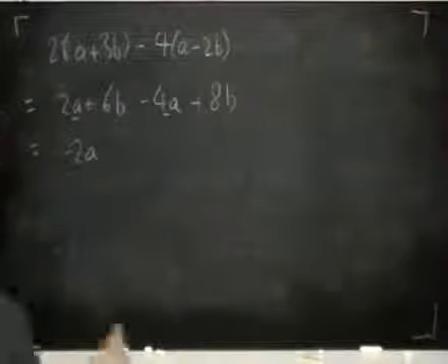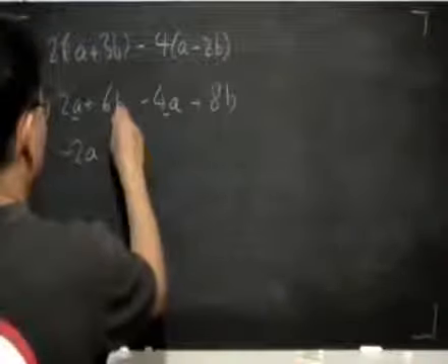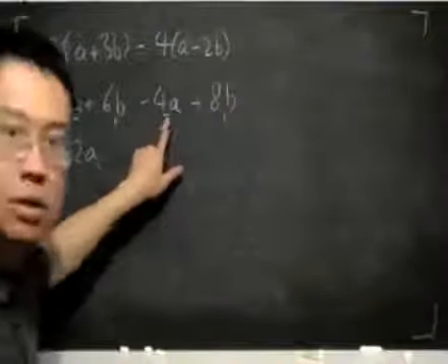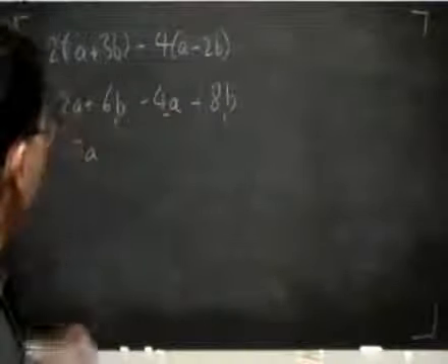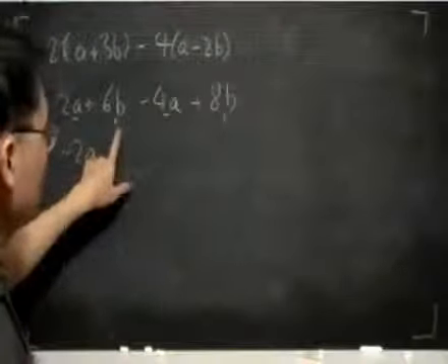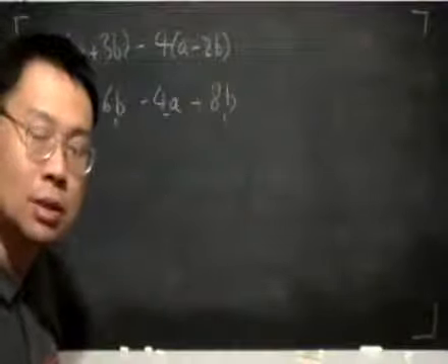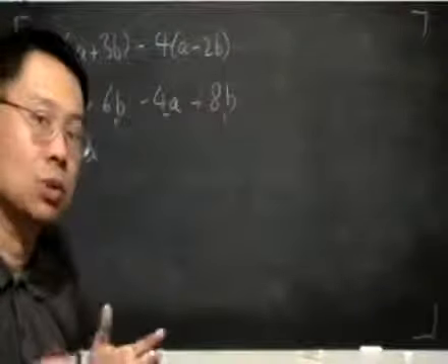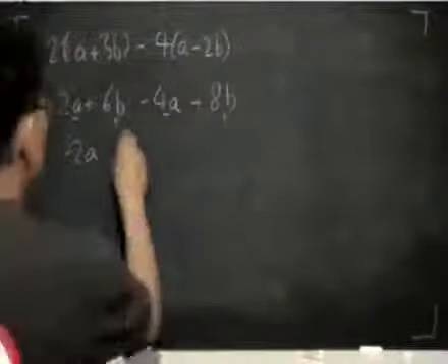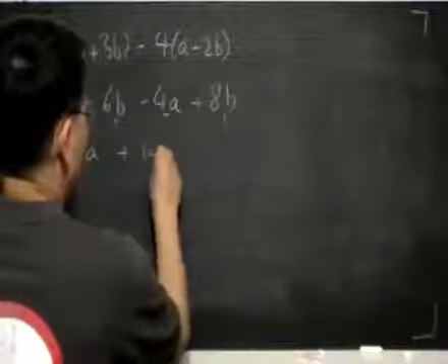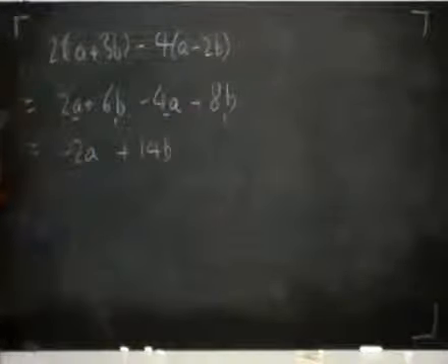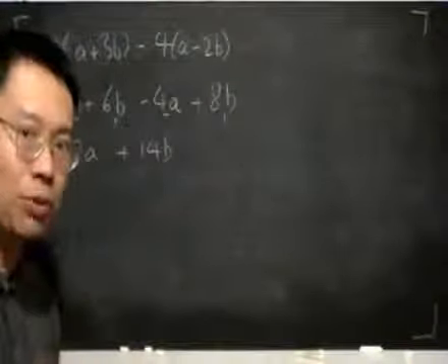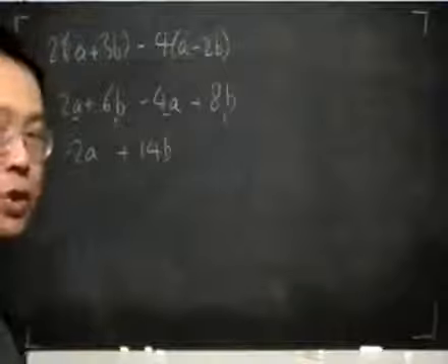Alright, and for the term in b, now I'll put a little mark there, which is a bit different from the mark that I use for the terms in a. So I have 6b plus 8b, and I simplify that by doing 6 plus 8, which is 14. So that's plus 14b. So that's the simplified form for this expression.